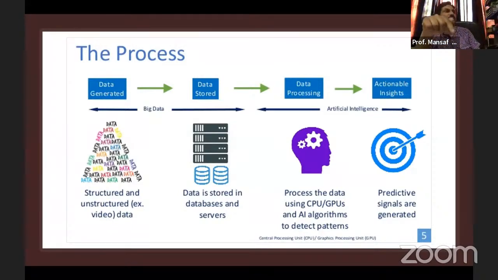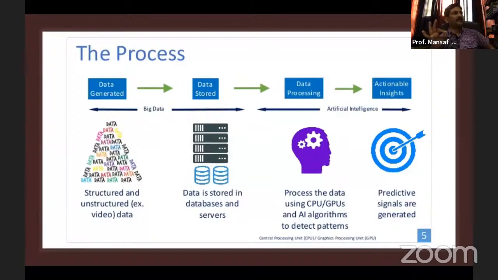Similarly, first you are going to store the data either in the cloud or on a server. Then the third step starts: data processing. As I told you, you transfer your data from short-term memory to long-term memory. Similarly, in the next step you are going to process the data through CPU or GPU, and you are using the concept of artificial intelligence here.